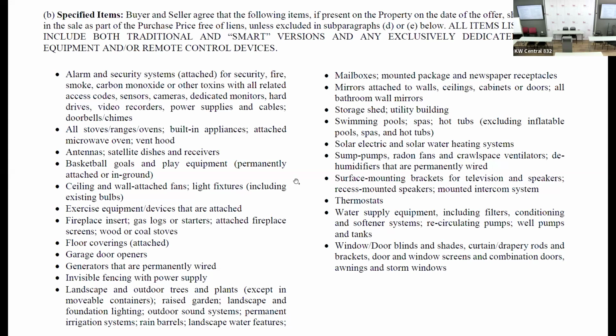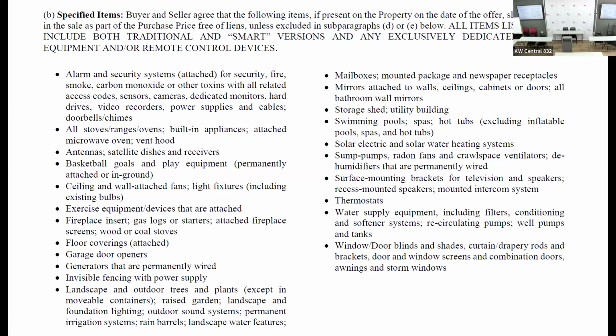The other thing that I see is people will cross out items. If it doesn't have a basketball goal, the agent will cross through it. You don't need to do that. It only remains if it's there. If it's not there, you don't have to cross them out.